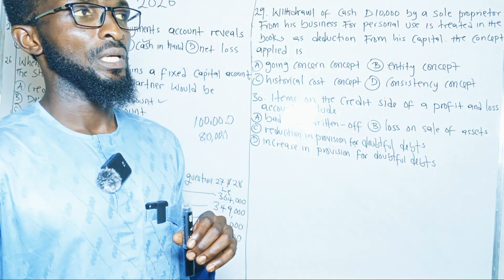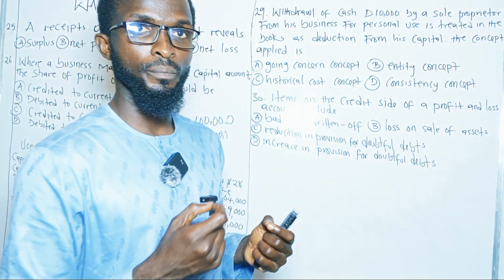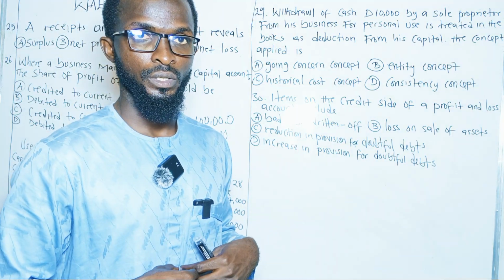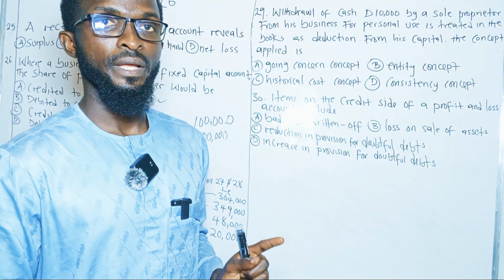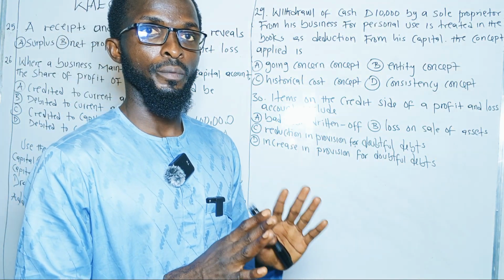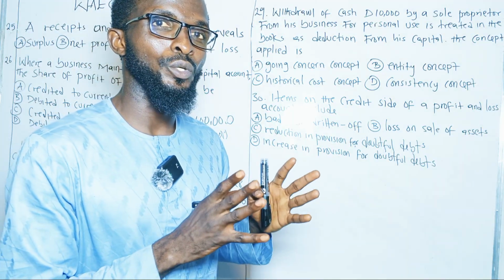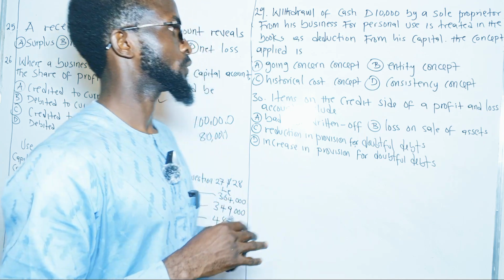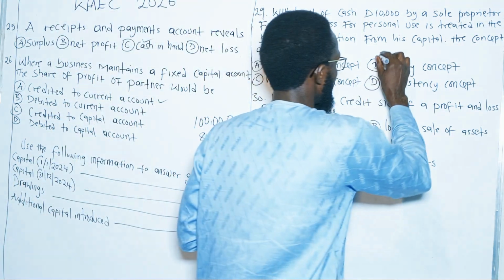That is to say, if a businessman takes money from the business for his own personal use, that expense is not meant for the business. That expense is not going to be written on behalf of the business. Rather, it should be recorded as a drawing made by the owner of the business. So therefore, the concept that emphasizes that is entity concept.